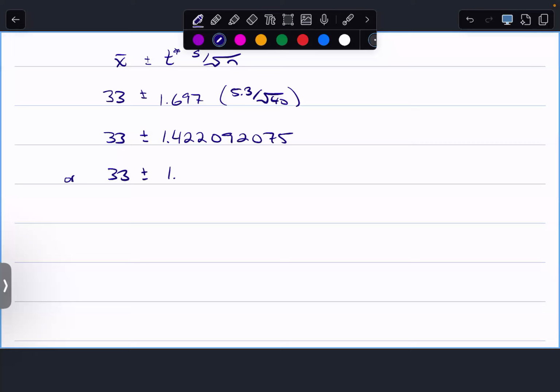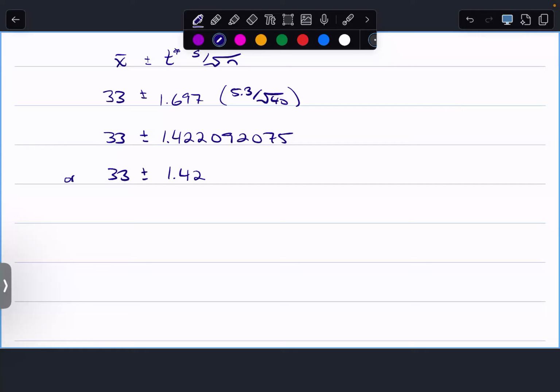I'll do 1.42, because it's already in grams, and so 2 decimal places is good enough.